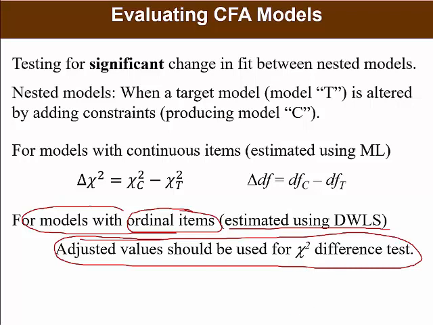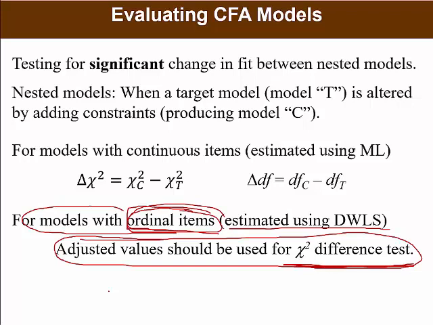The chi-square difference test gets a little bit more complex, and we need to use these adjusted values in situations where you're using ordinal or discrete questionnaire items that have only a few levels, like 5 or 7. But either way, we can still do the significance test and see if there's a significant difference between your hypothesized model and the alternate model with fewer factors.